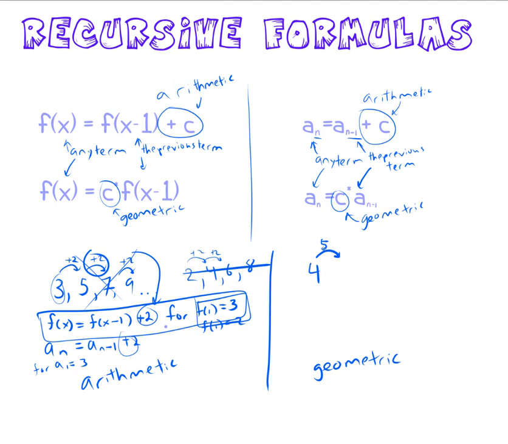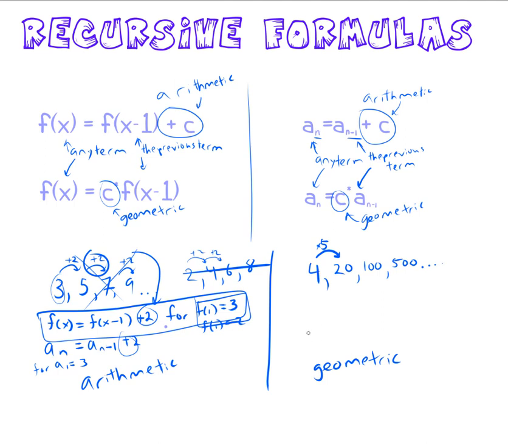My first term is 4. My second term in the sequence is going to be 20. My third term is 20 times 5, which is 100. And my next one would be 500, and I'm just going to put dot, dot, dot, because at this point I could just keep going forever.